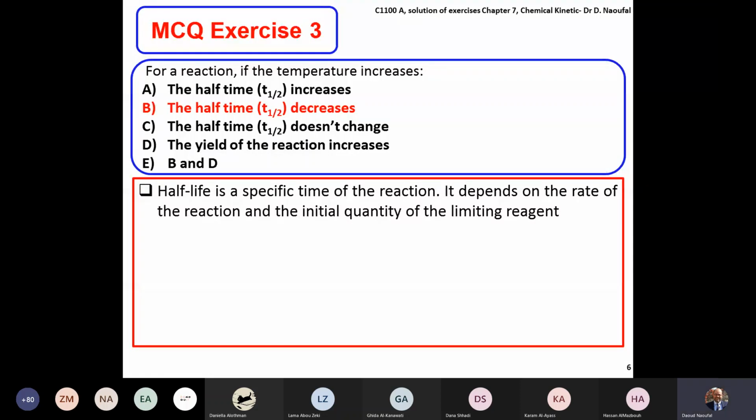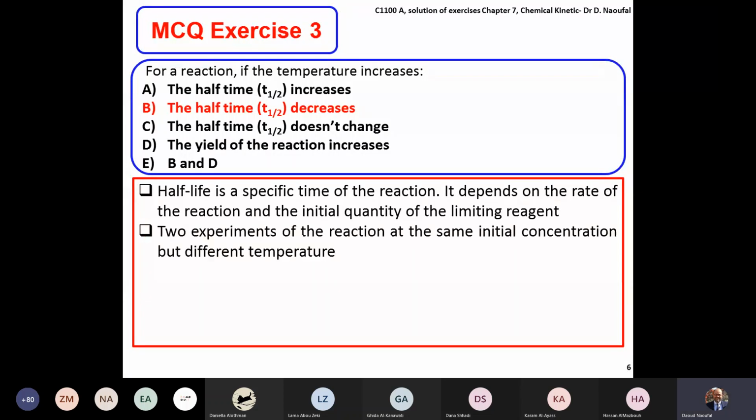The half-life depends on the rate of the reaction, on the nature of this reaction, and on the initial quantity of the limiting reagent. By definition, it is the time needed to convert half of the limiting reagent or to form half of the final product.